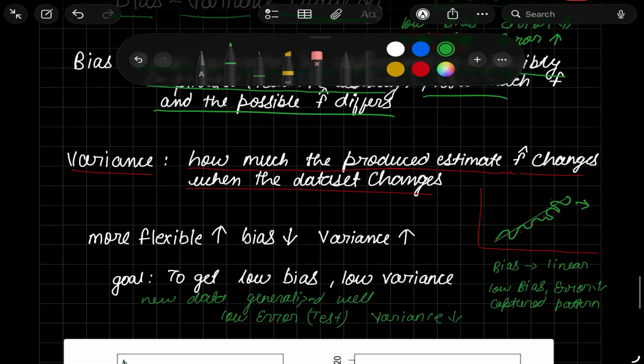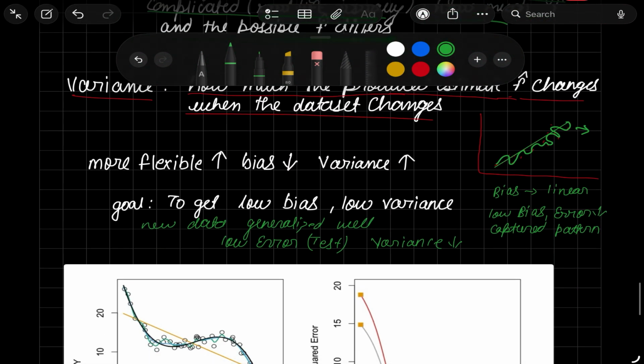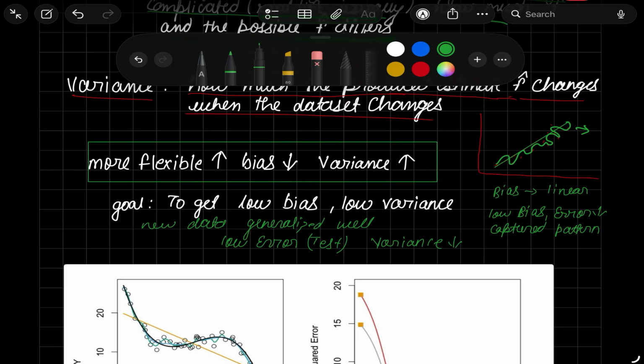In general, the more flexible the model is, the lower the bias and the higher the variance.